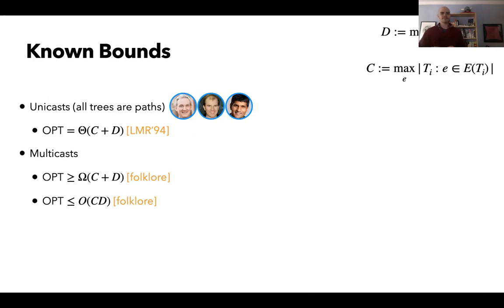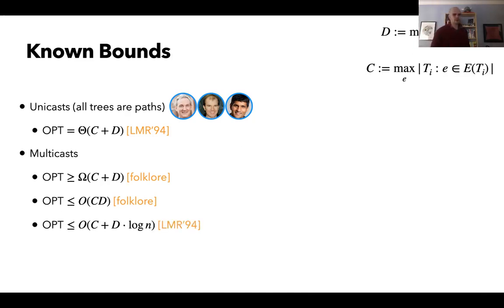In each meta round, there'll be at most C packets trying to cross an edge, but since we've allocated C rounds to this meta round, we can always move all of our packets along any given edge in a meta round. And so you only have to pay D total meta rounds and you end up with a schedule of length C times D.